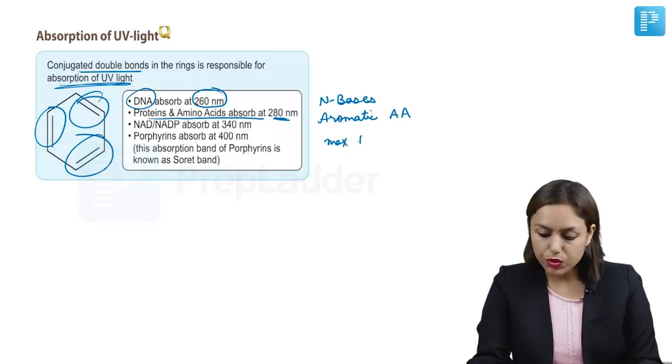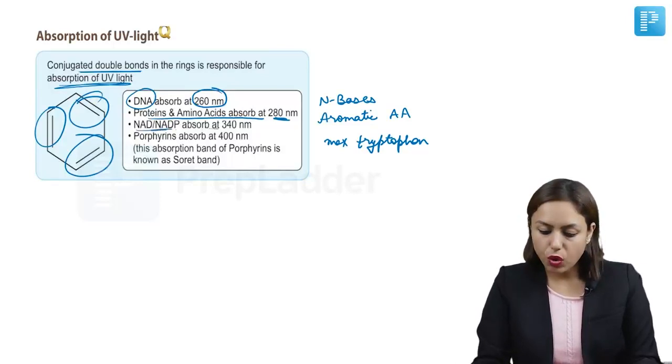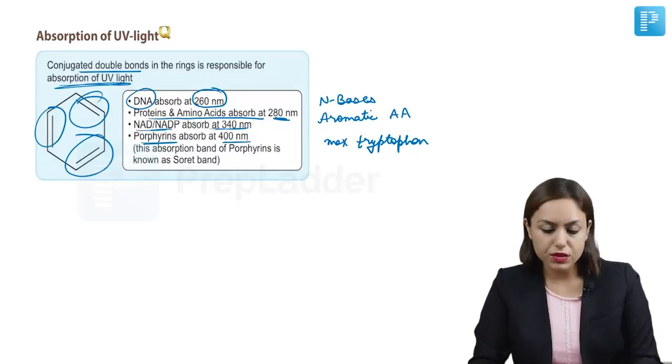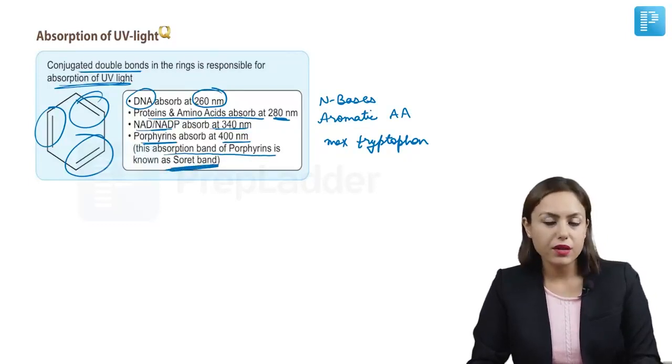Maximum absorption will be by tryptophan because tryptophan is the only aromatic amino acid having 2 rings. Then NAD and NADP absorb UV light at 340 nanometers, and porphyrins absorb at 400 nanometers. The absorption band of porphyrin is known as the Soret band.